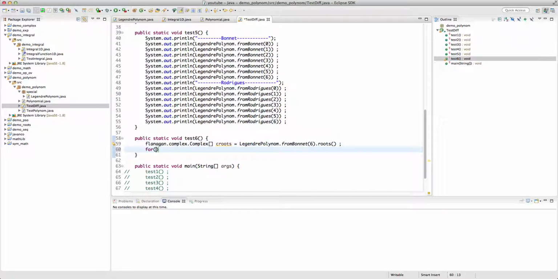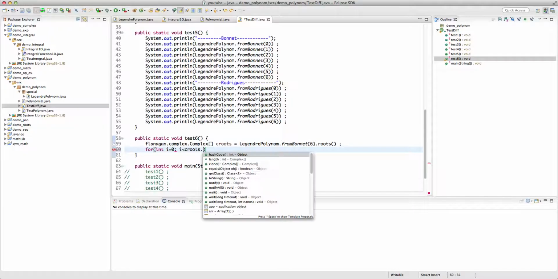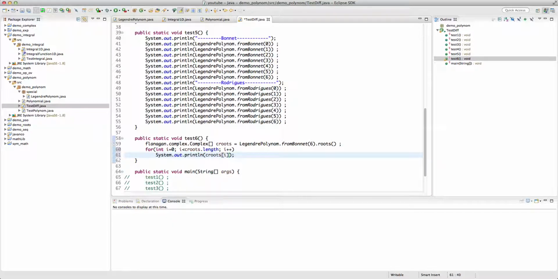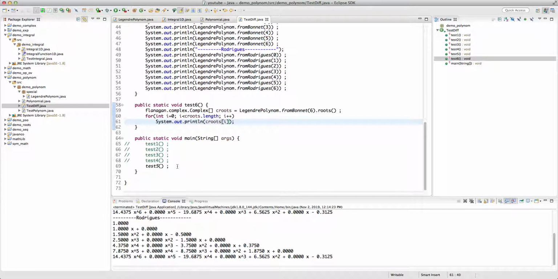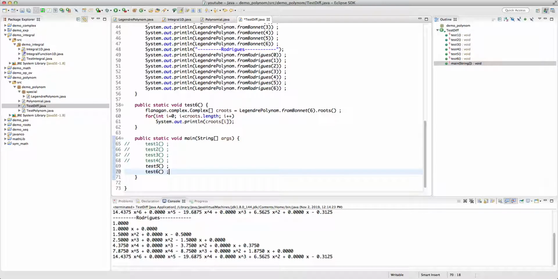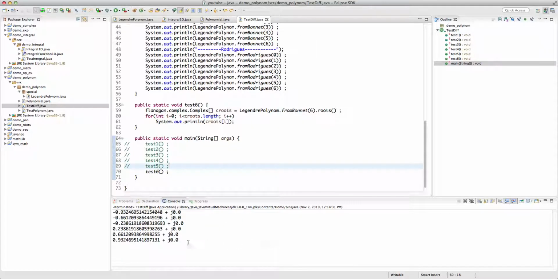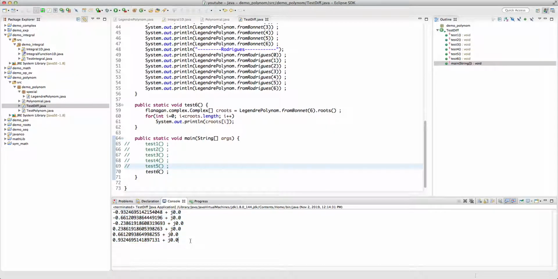And then for int I equals 0, I less than c roots dot length I plus plus, we just do the sys out on the c roots, and they should all be real. Test 6, let's invoke test 6, and yeah, so all of them are real.